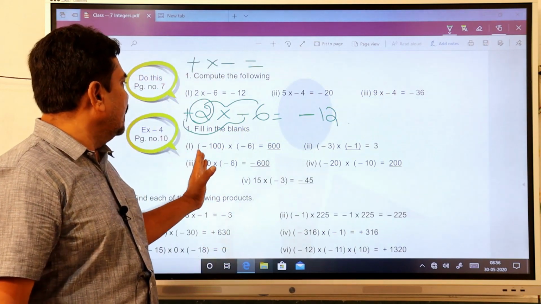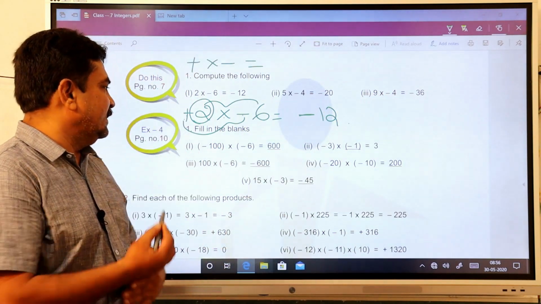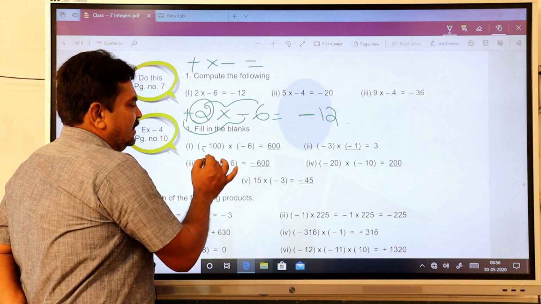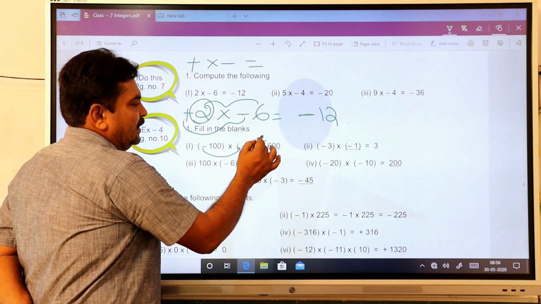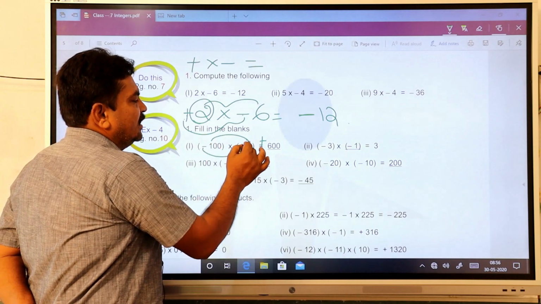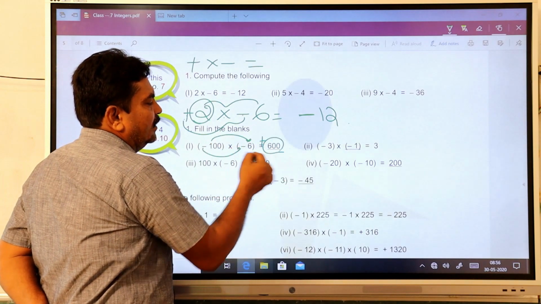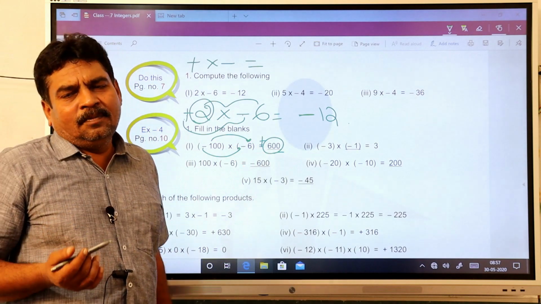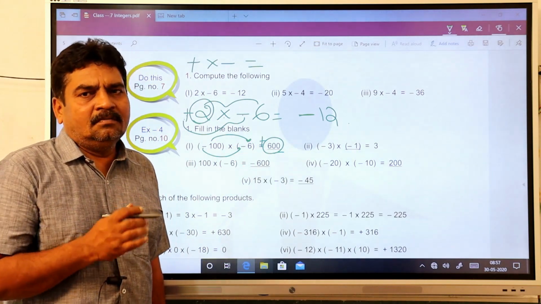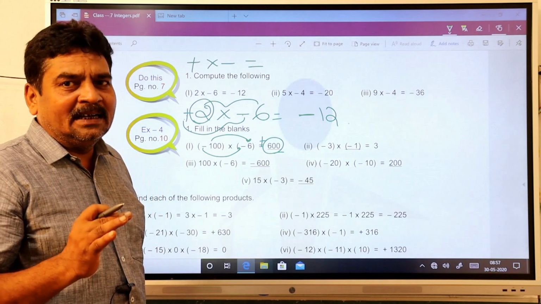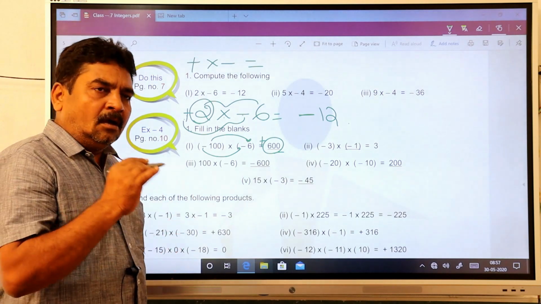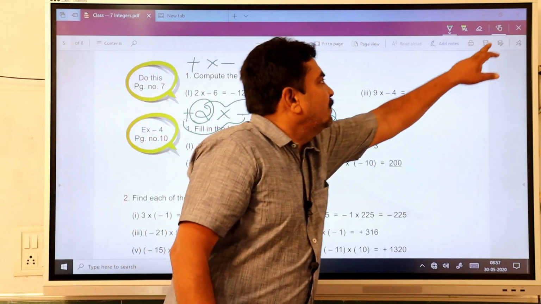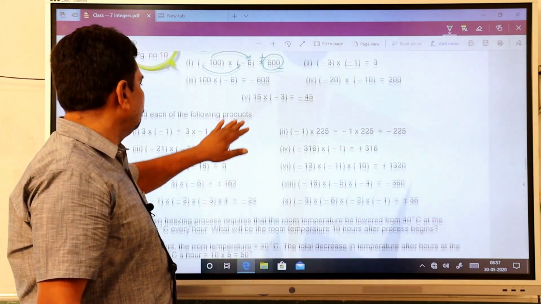Now we'll come to the fill in the blanks. It is very simple. Minus into minus becomes plus. 100 into 6 is how much? 600. Whenever you get plus, you need not write down plus. It is understood by default. If it is minus, then you have to write it down on paper. Then coming to this one, we'll see.